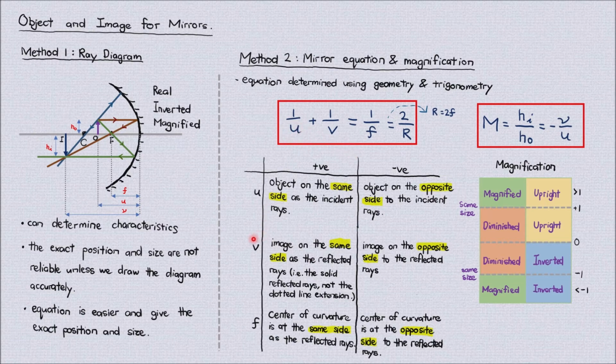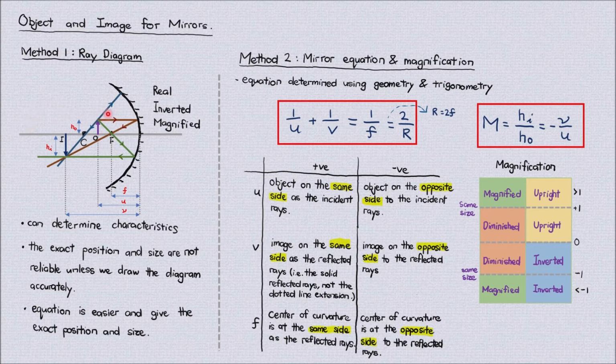Okay, for image distance, it depends on this rule over here. If the image is on the same side as the reflected ray, then it will be positive. So let's see where the reflected ray is. We know that this mirror is an opaque object, so light can't pass through it. Any light that strikes this mirror will get reflected back to this area over here.